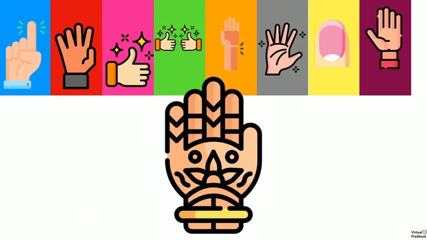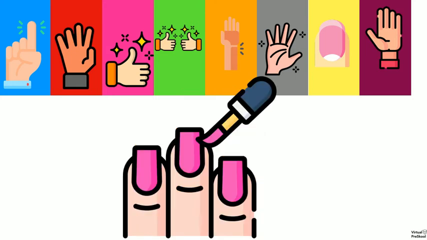Anguthe. And what was palm? This person has mehendi on the palm of her hand. Palm, do you remember? Palm was hatheli. Hatheli. And what about nails? Her pretty gulabi rang nails. Nails are nakhun.